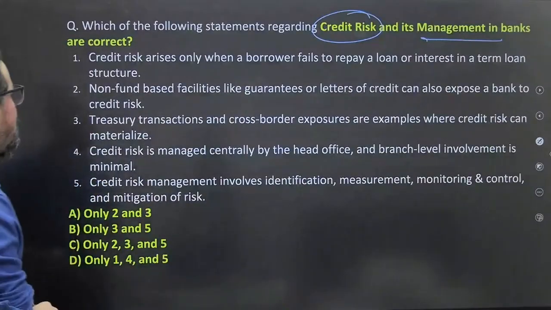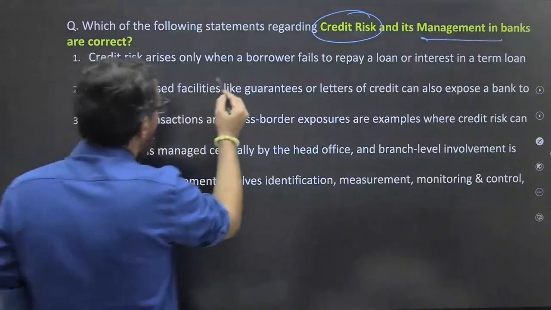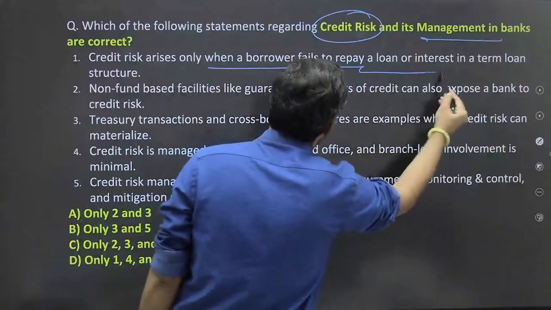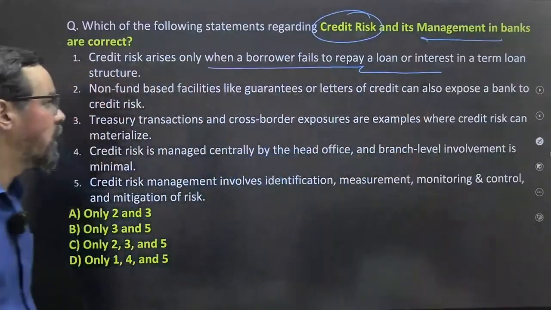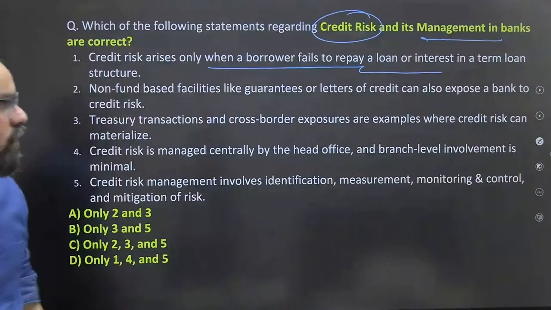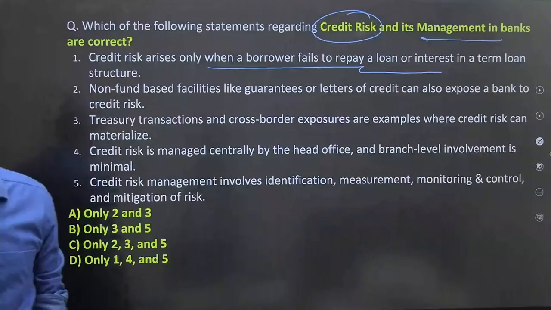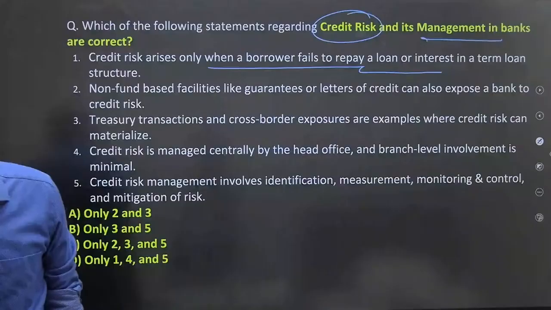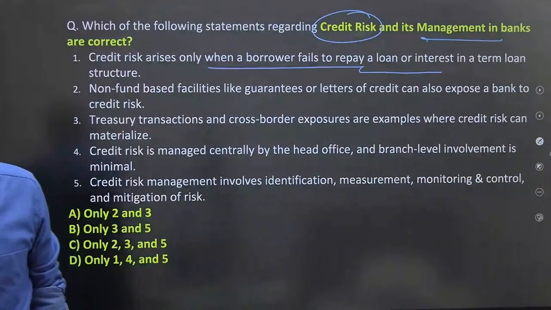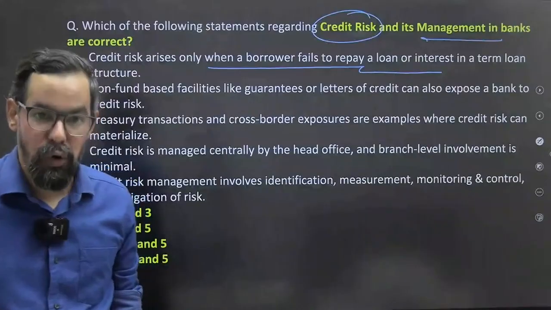First question statement: credit risk arises only when a borrower fails to repay a loan or interest in a term loan structure. What do you say about this statement? It is not limited to the borrowers.